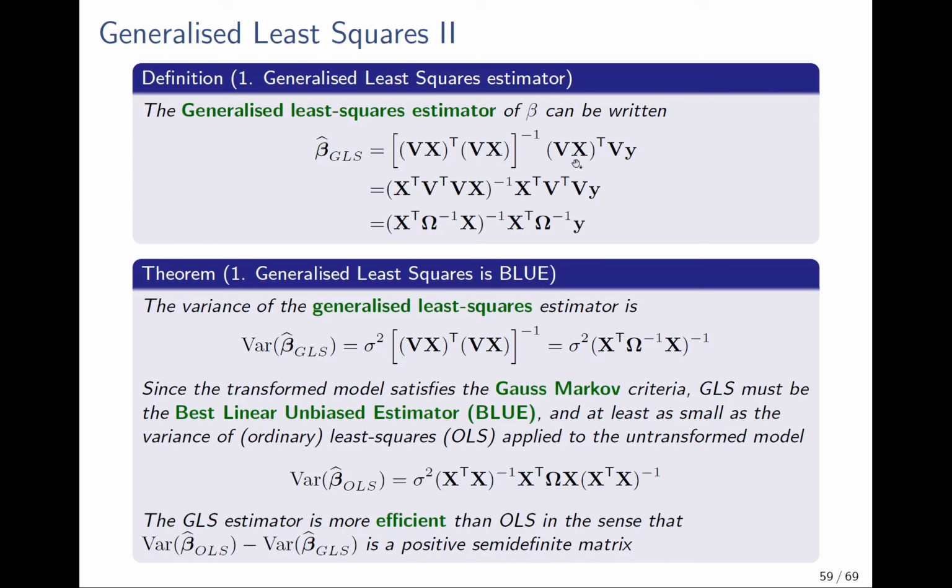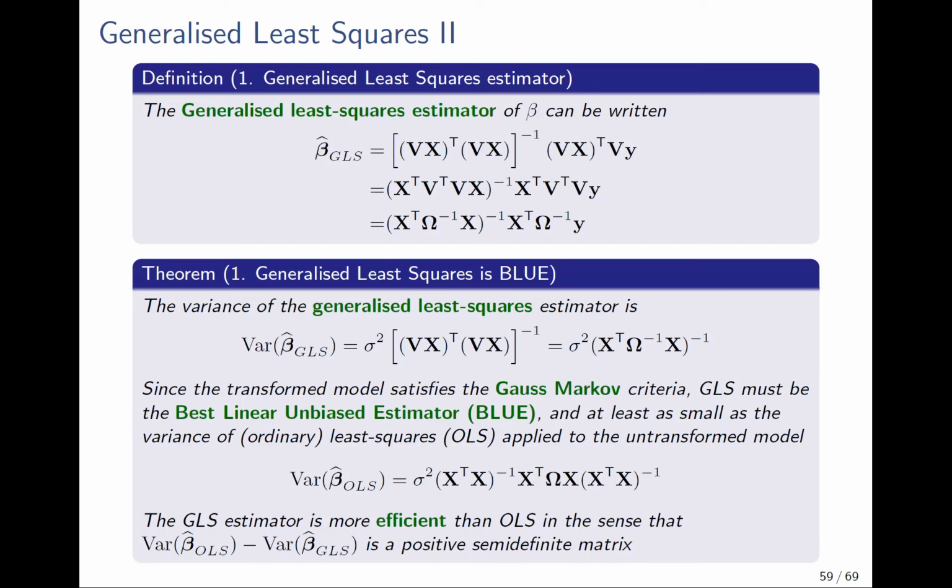Beta hat GLS is equal to (X transpose omega inverse X) inverse times X transpose omega inverse Y. That's the expression that we get for beta. The variance of the generalized least squares estimator is sigma squared times (X transpose omega inverse X) inverse.